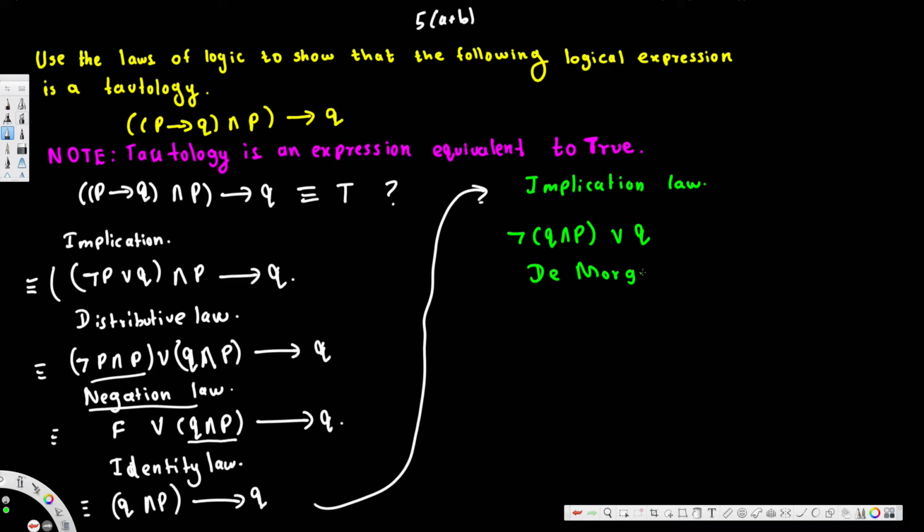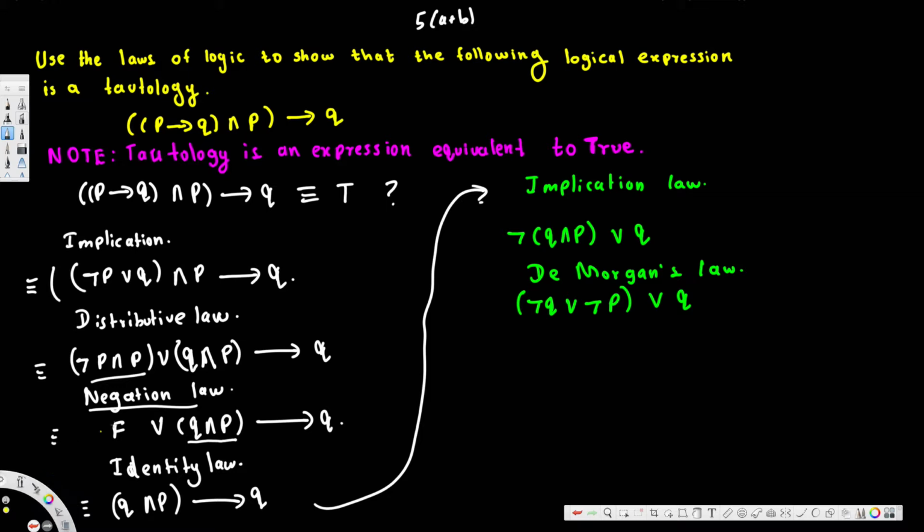De Morgan's law says when we have not of an AND, we can expand this as not Q, and the middle one changes into or, and then it will become not P, the whole thing, or Q. This is De Morgan's theorem.